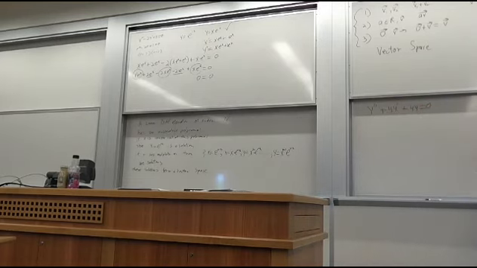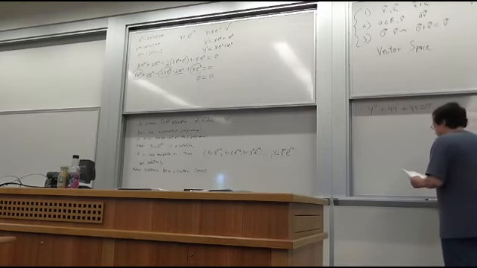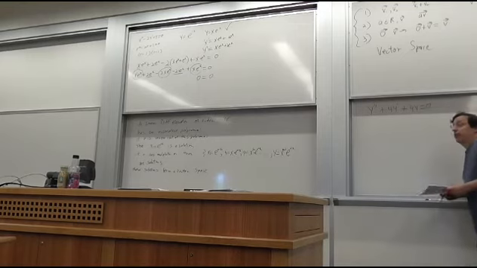And the first question is, the hard question, what's the dimensionality of the vector space formed by the solutions? It's actually very easy. 2. It's just 2. That's right. So we expect to find 2 solutions, right?